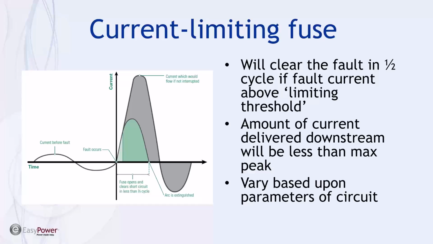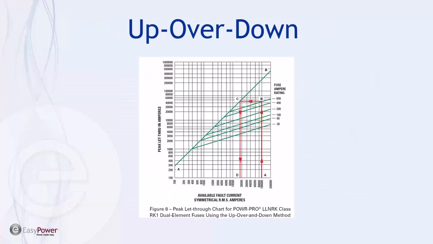And so it opens up a lot of discussion, and some people feel or think that putting a series limiting fuse upstream of any panel will be able to raise the short circuit current rating of that panel.